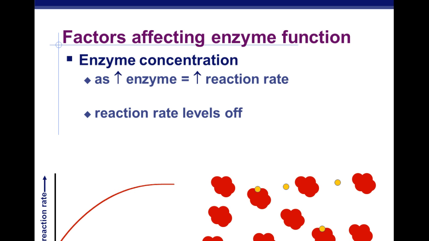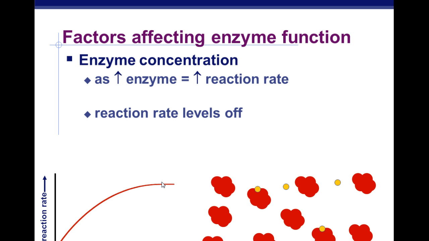Now, the question is, why is this line not a totally 45 degree straight line? Why is it not a complete straight line? Why is it this little half parabola we see here? That's the real question. Write in your notes that when this reaction rate begins to level off right at this point right here, it means that there's little or no substrate left for the enzymes to bind with.